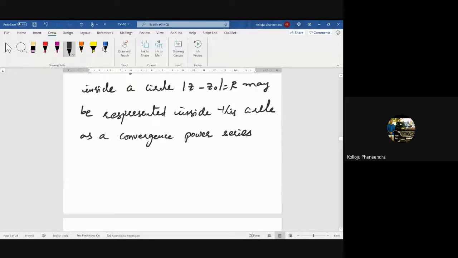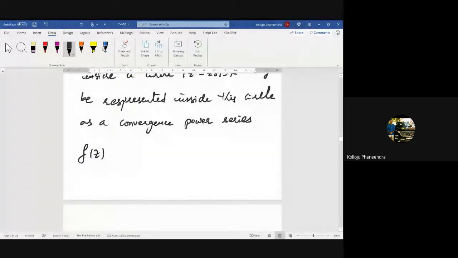How? f of z, this is the function, I have to express as a series expansion: summation a_n (z - z0)^n.